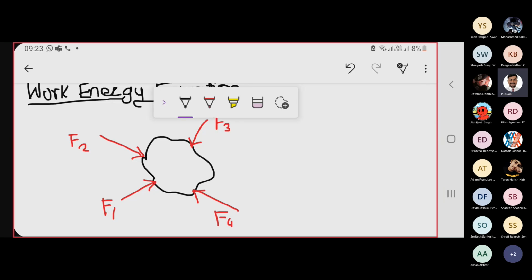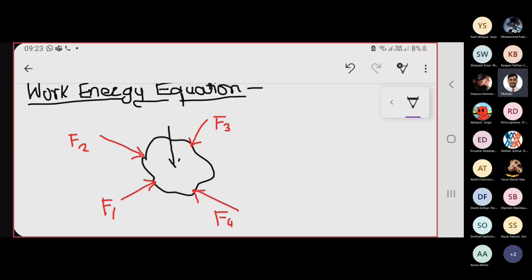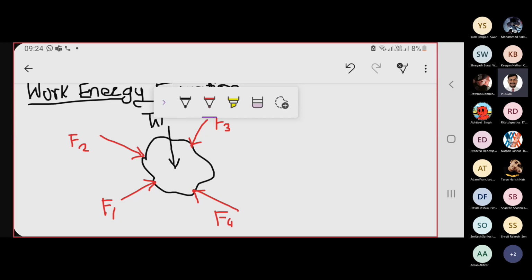Let's say the weight acting on that body is W, and this body is moving in the X direction from point A to point B.